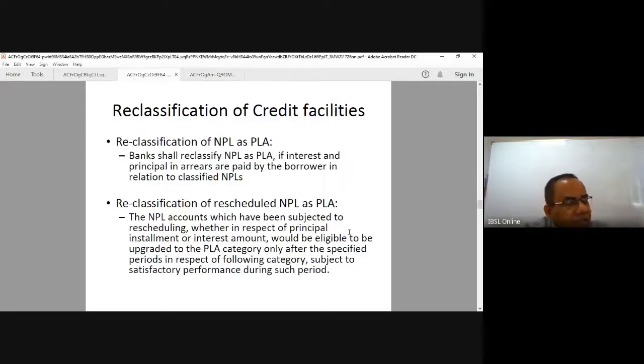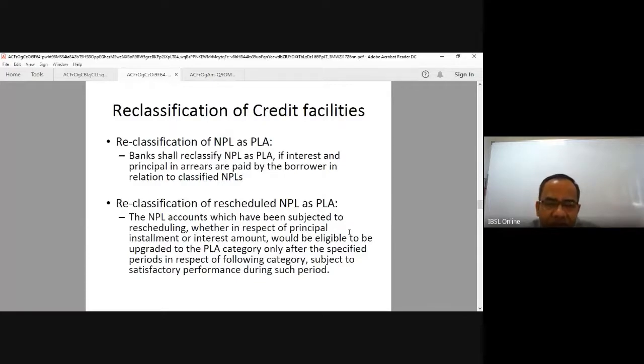So that is about reclassifying. It can be 3, 8, or 10 installments overdue, whatever. You can reclassify if all the installments were paid by the customer, and you can make it performing.